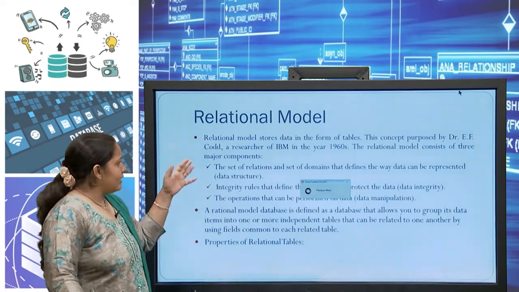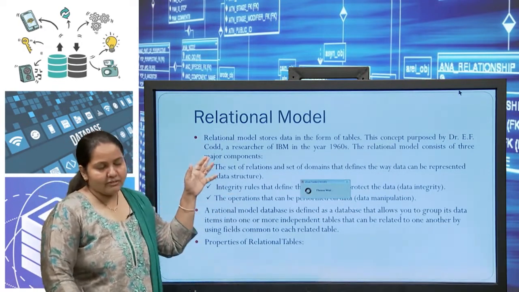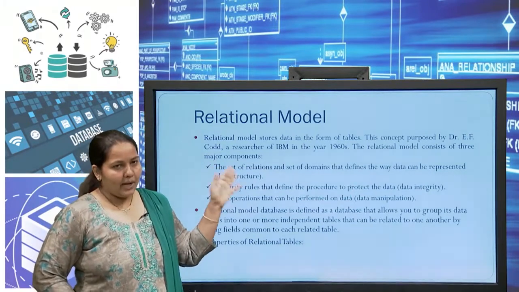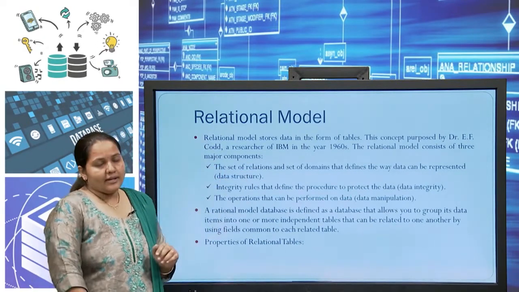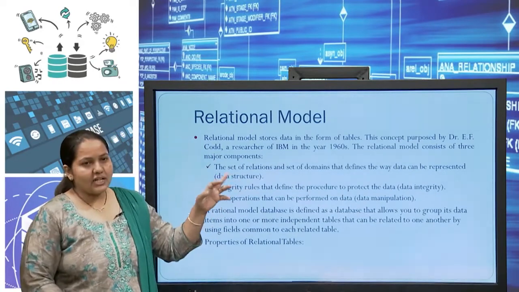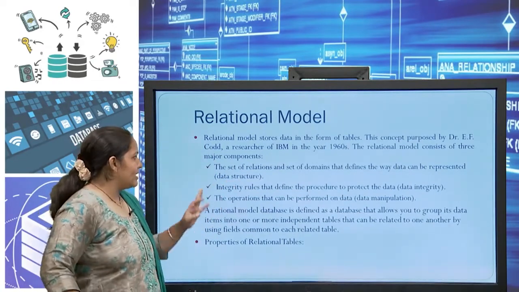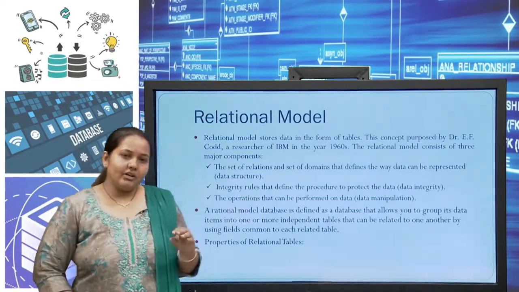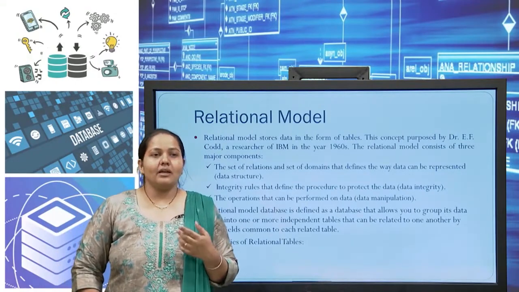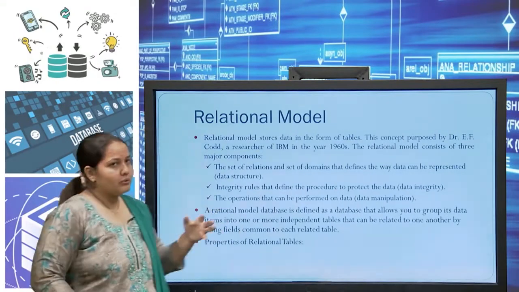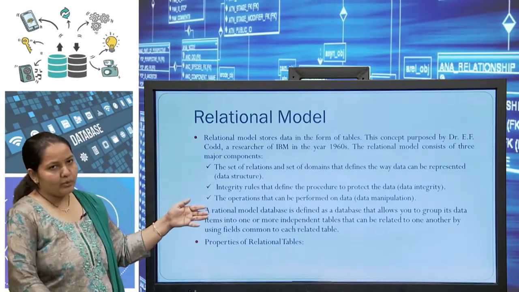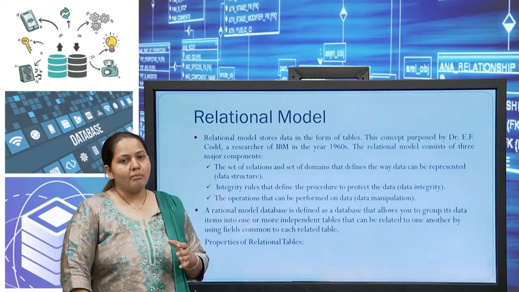This concept was given by one of the researchers of IBM, that is Codd, in 1960s, and the relational model consists of three major components. Whenever you are going to adopt the relational model, you have to define these three components within your model.